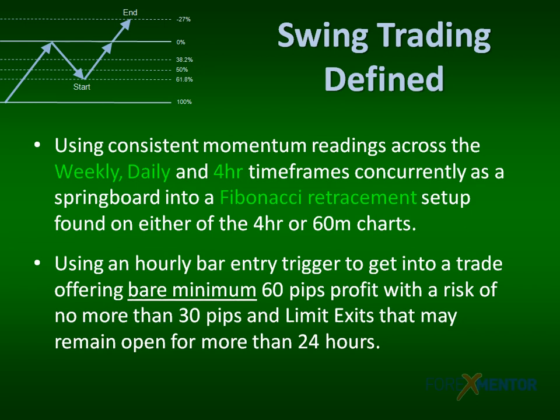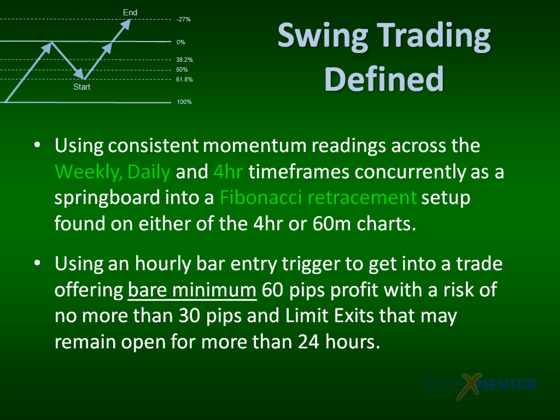Conversely, sometimes we'll wait for several days. It's just hard to predict ahead of time which of those scenarios is going to pan out. So these are just sort of general benchmarks, but you will see some variety in terms of profit potential. Again, anything under 60 pips we're not going to touch as a swing trade.